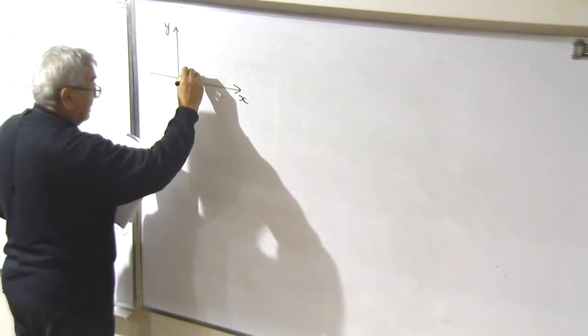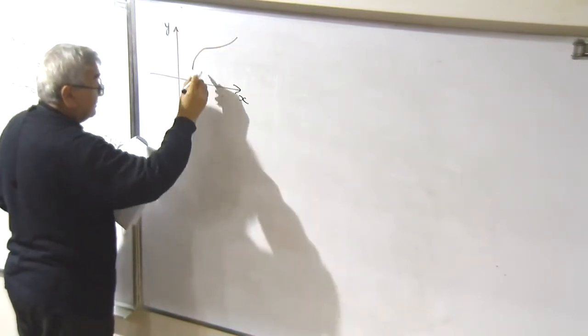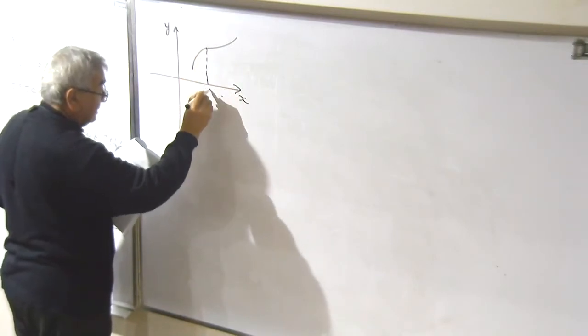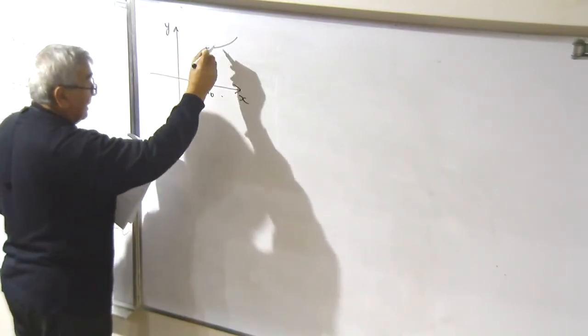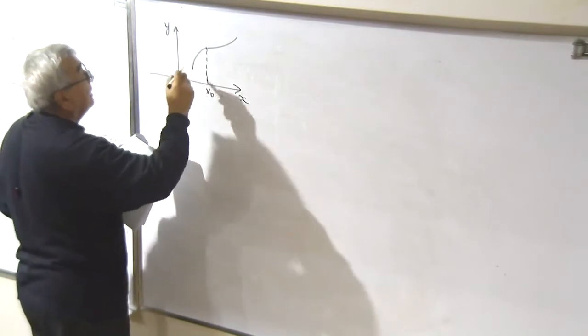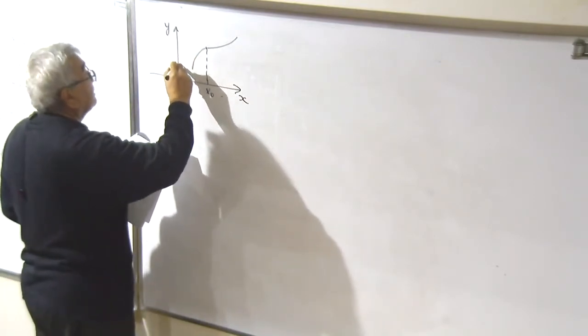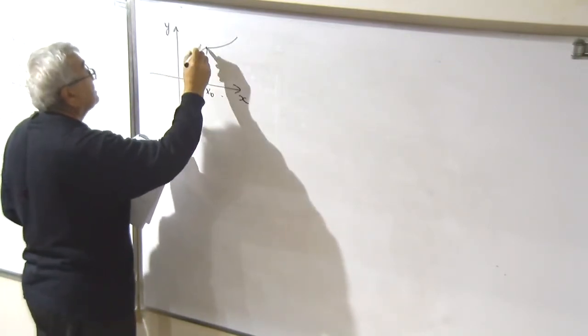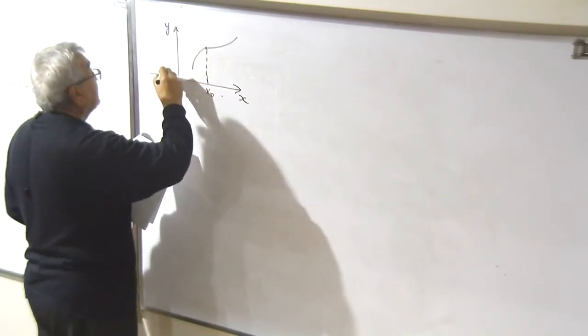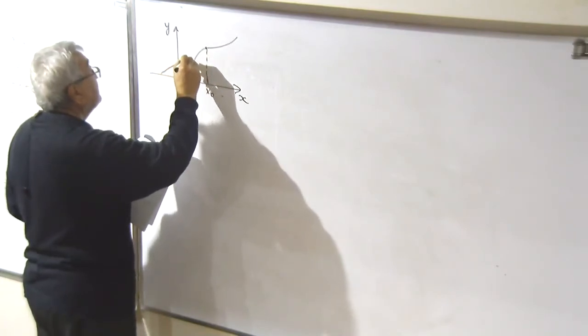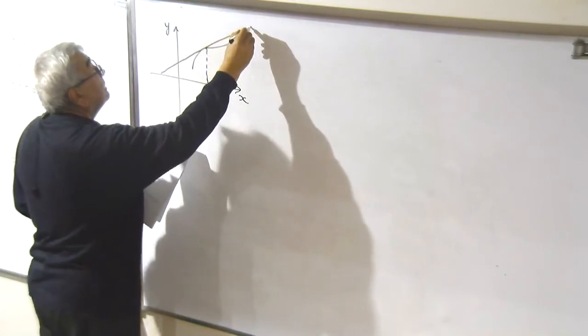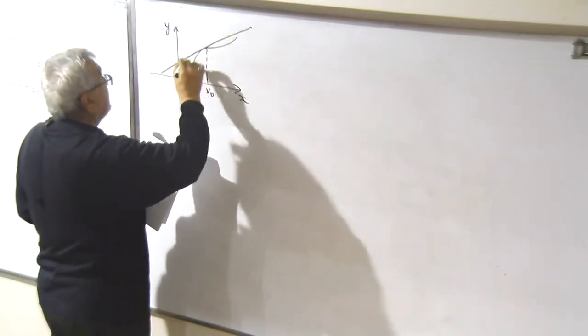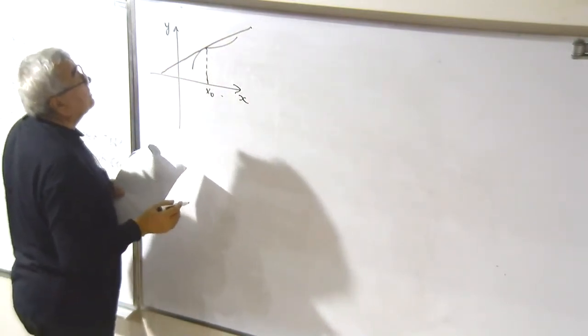This is the function, and here I would like to find at x naught what the tangent of the slope will be. The slope is attached here like this.